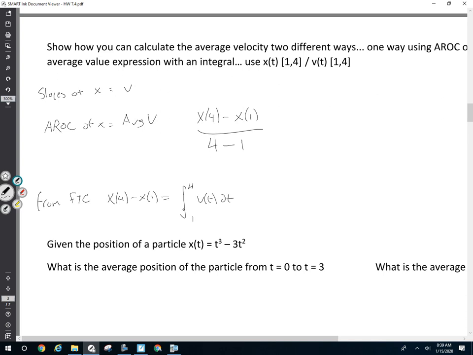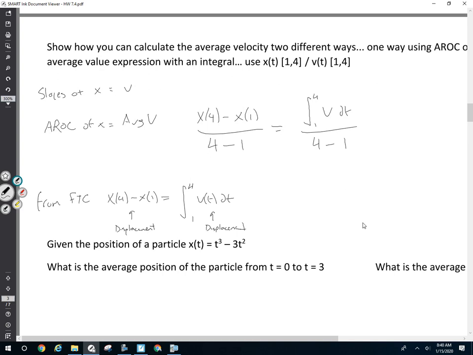This is the position form of finding displacement, and this is the area form of finding displacement. So all of a sudden, you could say that's the same as this integral divided by that. So these are equivalent. These both give you average velocities.